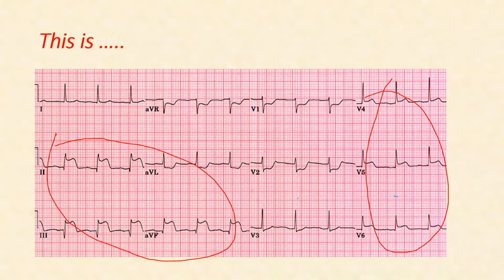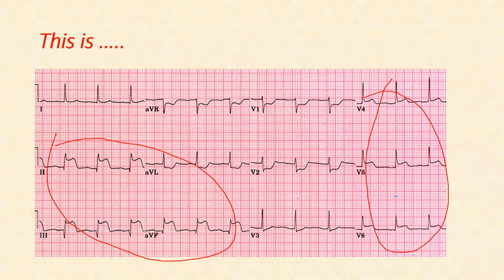Honestly speaking, I might accept either. It's very hard to tell which is which. What we have here is inferior, posterior, and lateral, which might belong to the RCA or even the LCX.